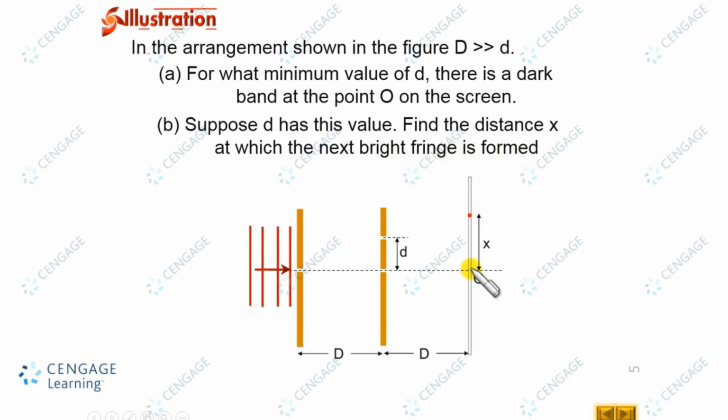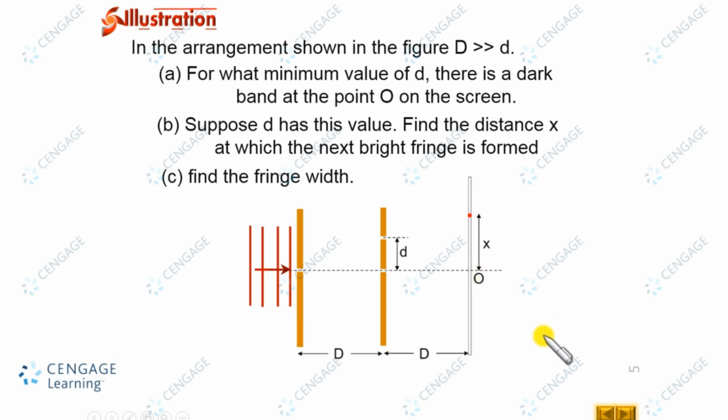Here the dark fringe is forming, so here we need to calculate this distance where the next bright fringes form. In the third part of the question, we need to calculate the fringe width. Fringe width means we have the bands, bright bands on the screen, and we need to calculate the width of the band, right? So let us analyze the first part of the question, that is, for what minimum value of small d there is a dark band at point O on the screen, right?